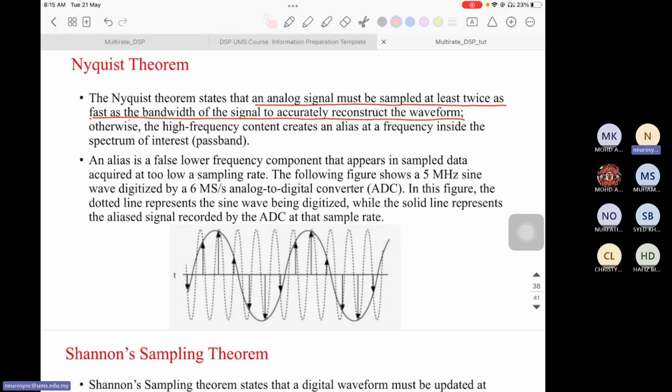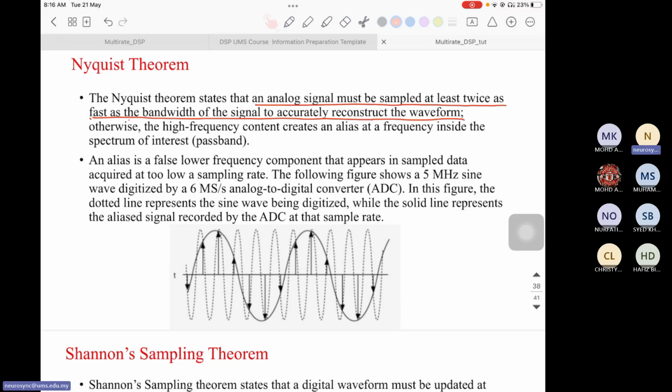In this figure, you can see a sine waveform of 5 megahertz digitized by a 6 mega samples per second analog to digital converter.